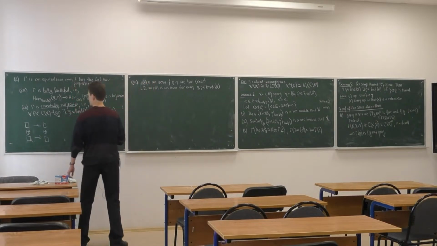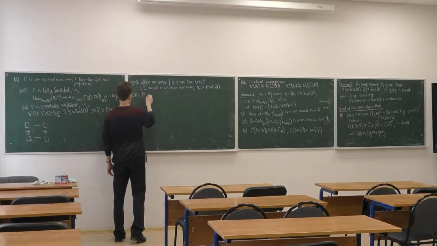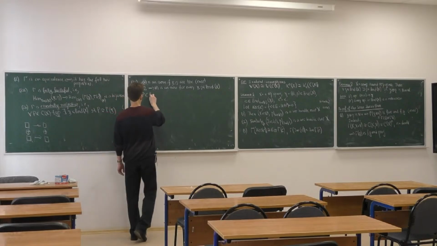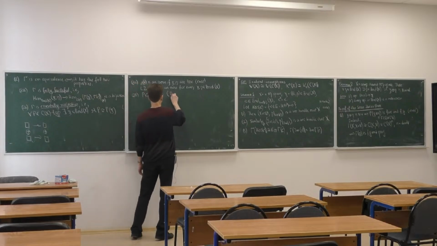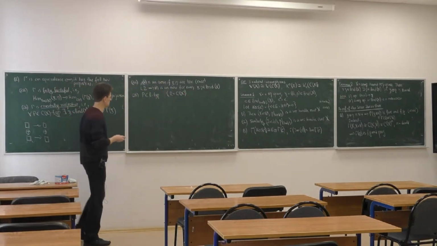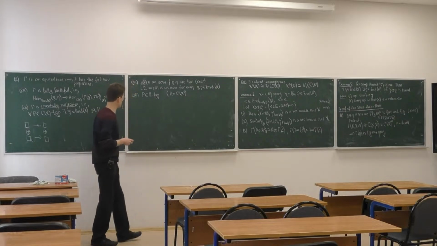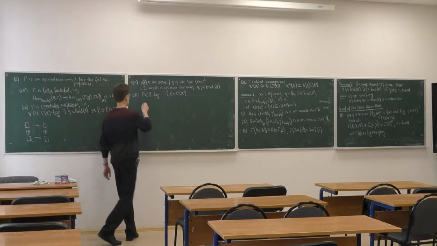Okay, let's now show that this functor is essentially surjective, 2b. So we start with a finitely generated projective R module. Here R is the ring of continuous functions on X. We know that every such module is isomorphic to the image of a suitable idempotent endomorphism of a free finitely generated module.